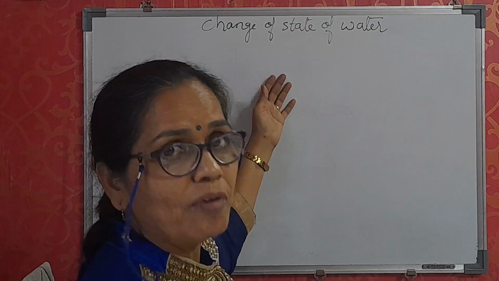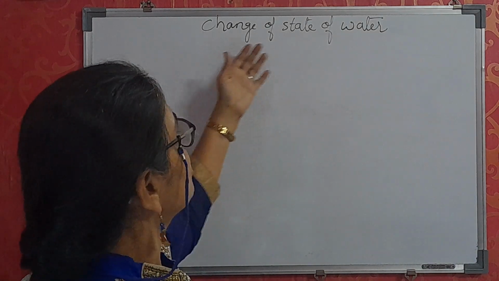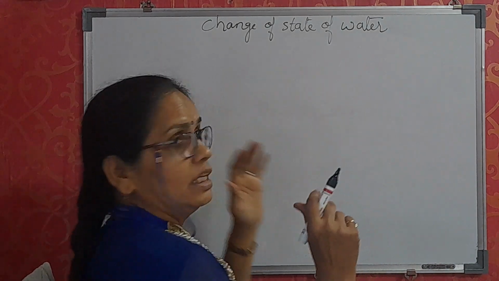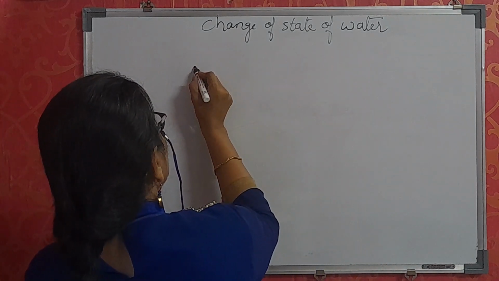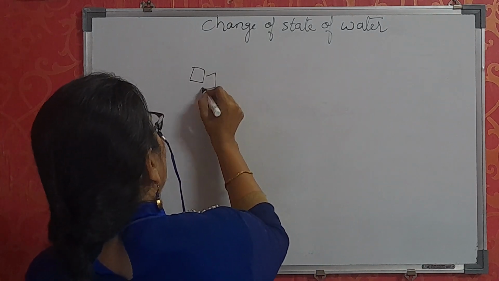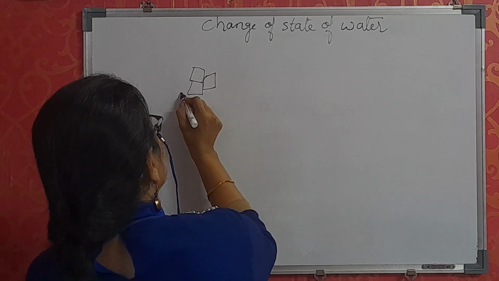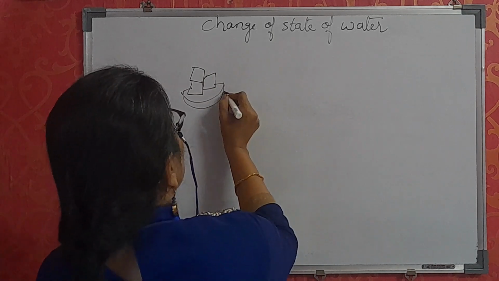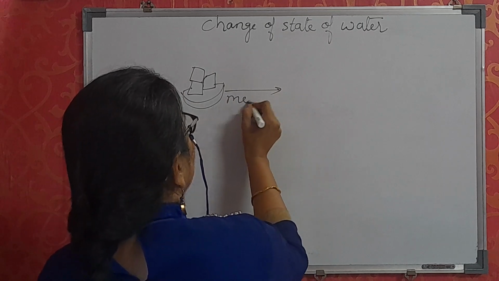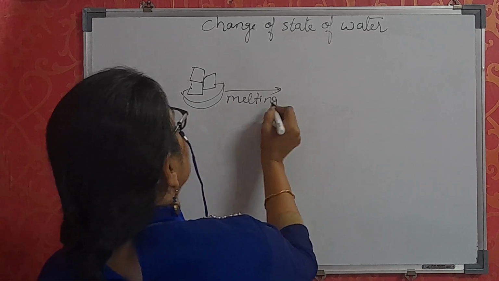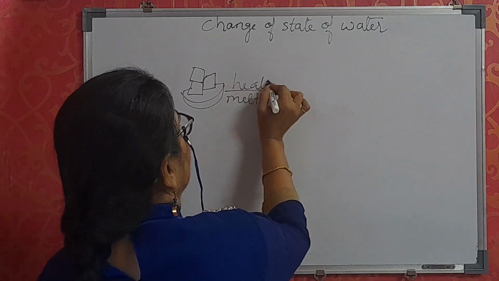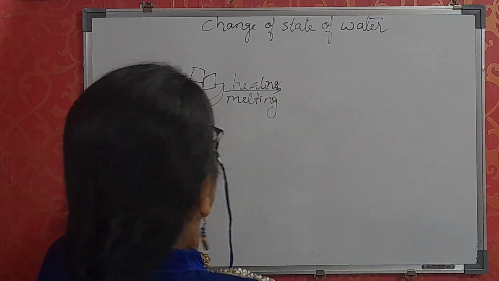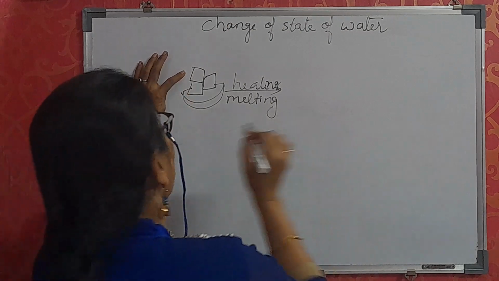Now with the help of a diagram, I will show you the change of state of water, or interchange of states. I have taken pieces of ice in a glass or plate. After heating, this ice is a solid form.